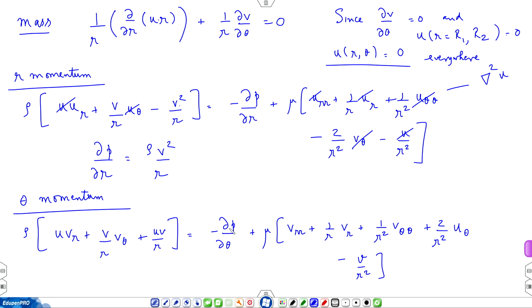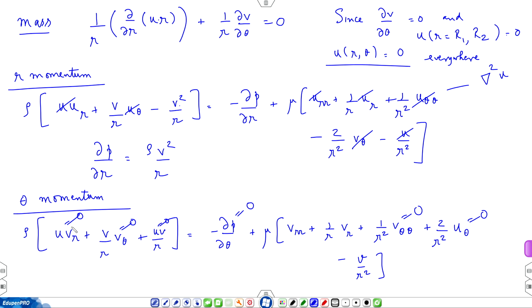The pressure variation in theta direction is non-existent because of the specific geometry under discussion. So, this is 0, this term is 0, this term is 0, u is 0, v theta is 0, u is 0.